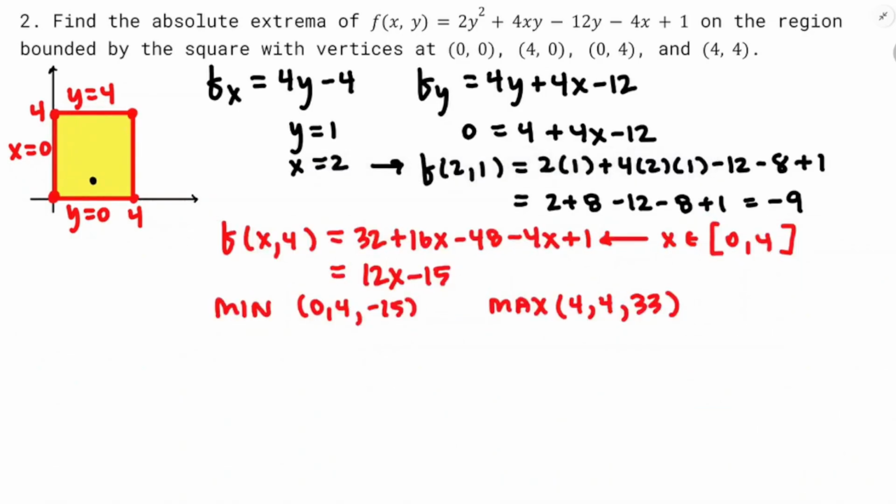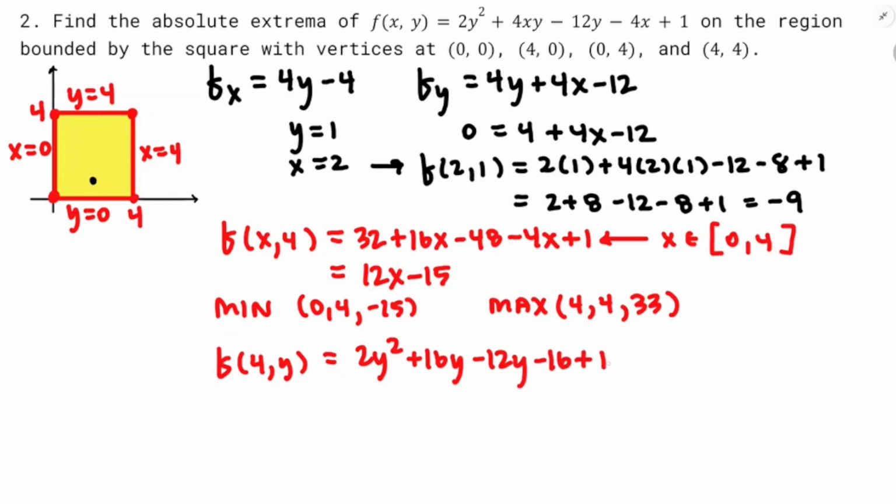But you know, I'm going this far now. And so now I'm going to be checking the last one, which is x equals 4. F of 4 and y is going to equal 2y squared plus 4x is 16y, minus 12y, minus 4x is minus 16, plus the 1, again a minus 15 in there.